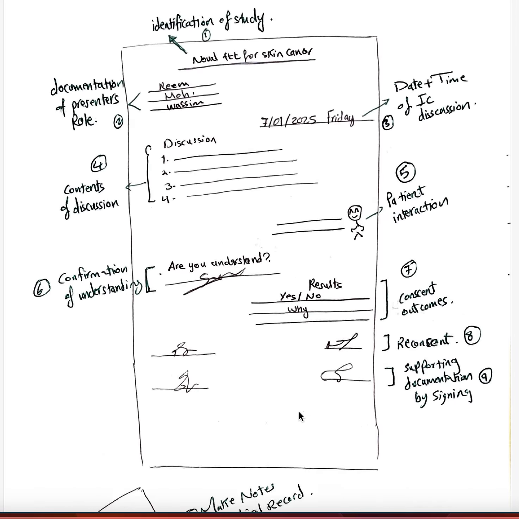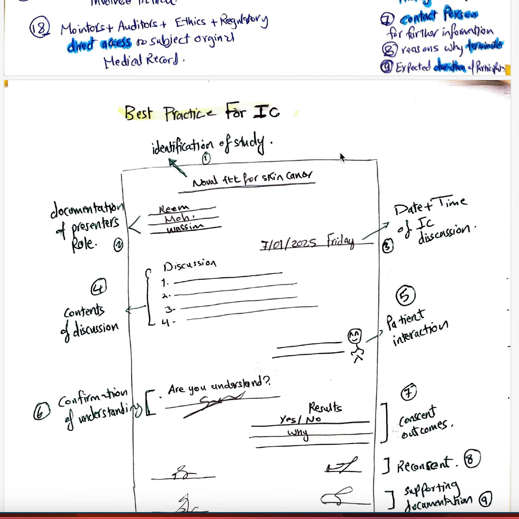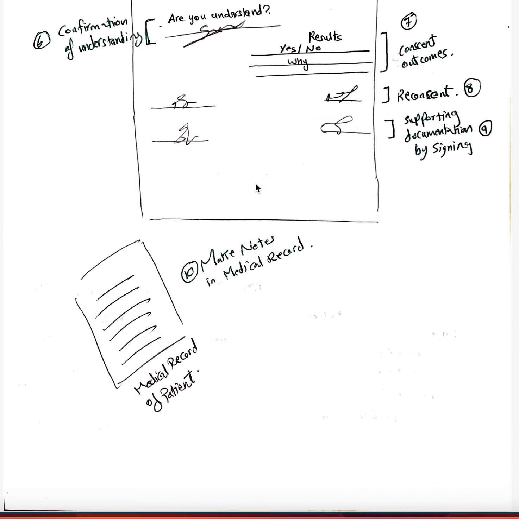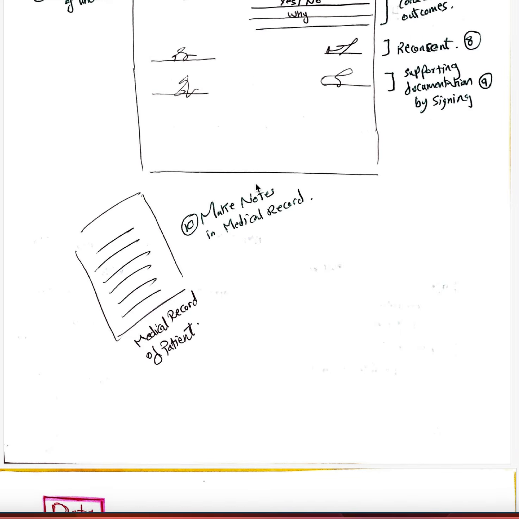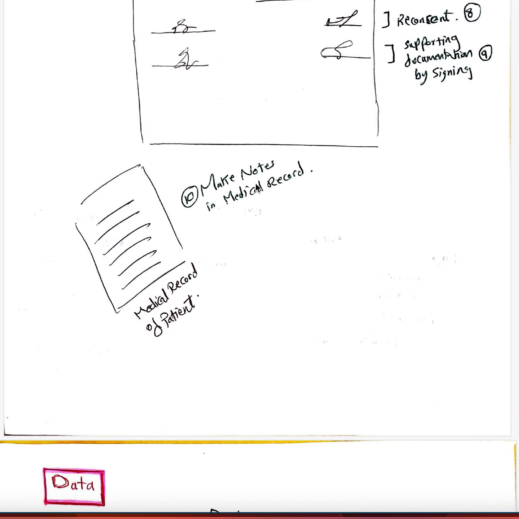So these are the components, or how the informed consent is formed, how the paper of the informed consent is presented. And in this way we can finish our summary for today.